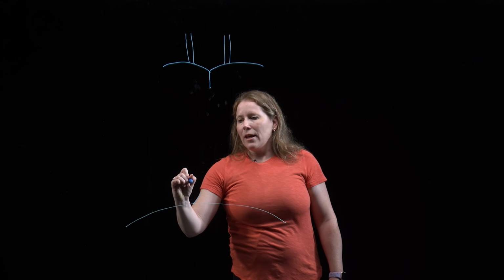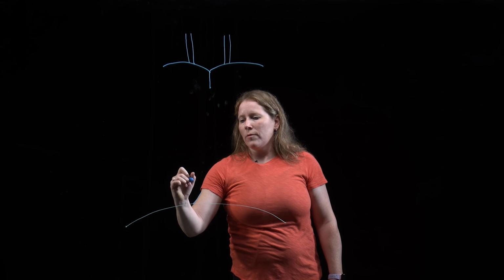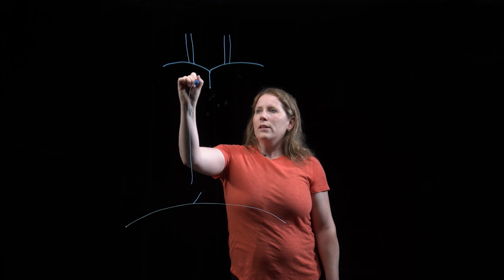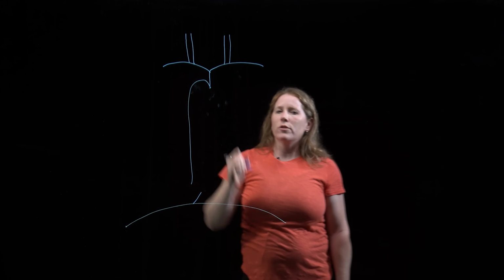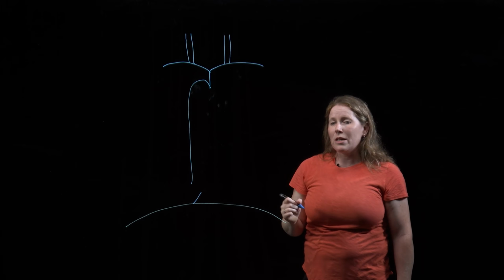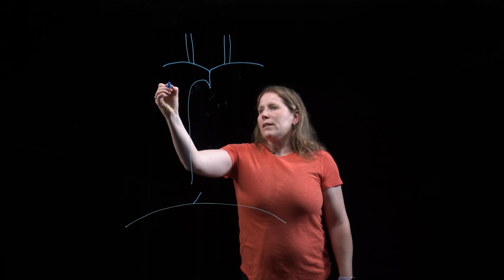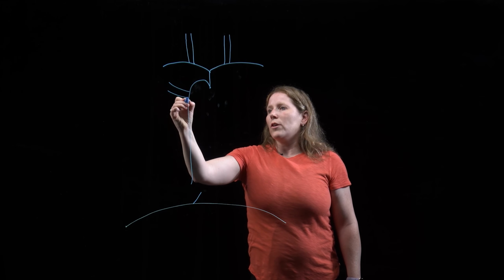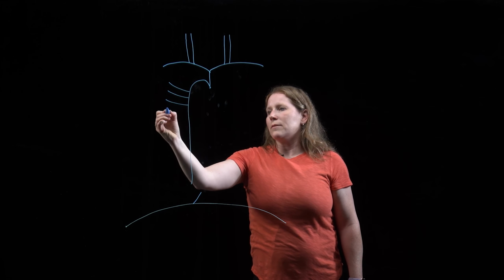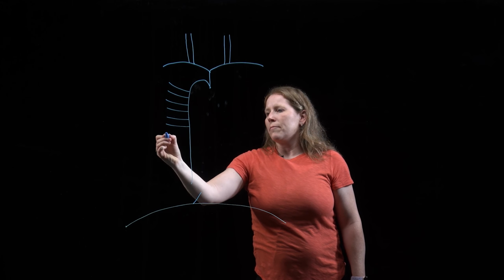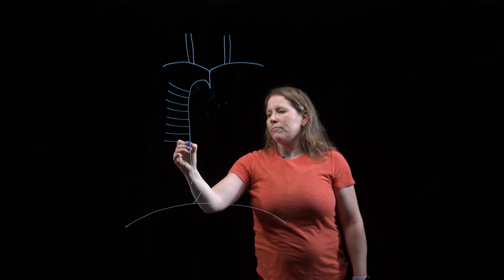The main azygos vein is located to the right of midline, and it drains into the back of the superior vena cava. So it's actually pretty easy to find up in the lab. And so this azygos vein is receiving all of those intercostal veins that are found in the intercostal spaces on the right side.